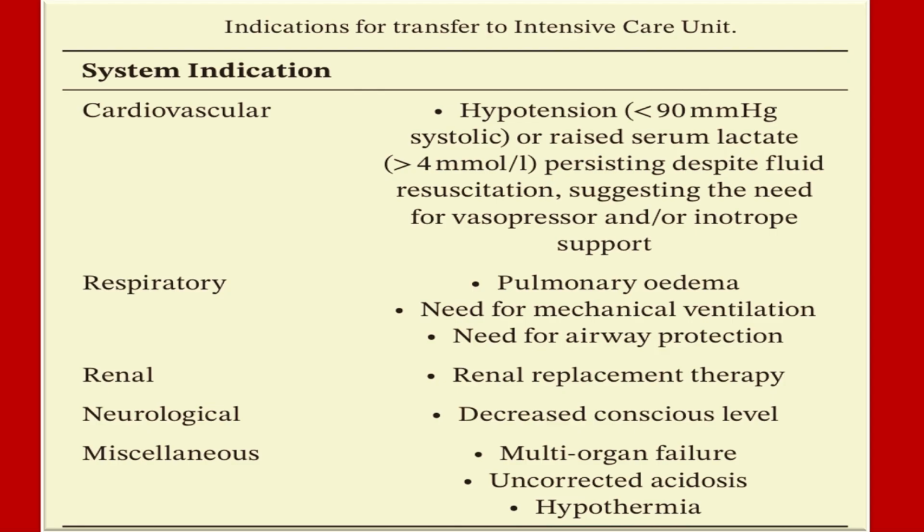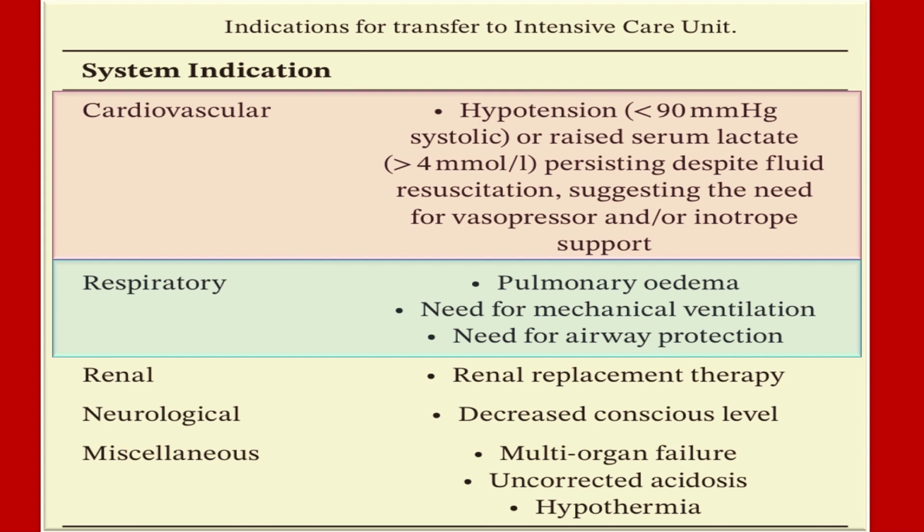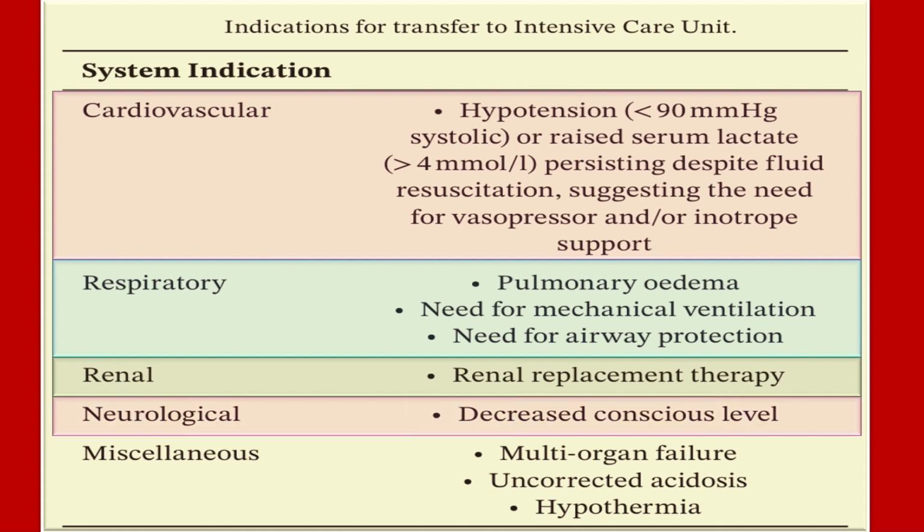Now, what are the indications for transfer to the intensive care unit, which include certain cardiovascular features, which you can see here, respiratory features like pulmonary edema and others, renal features, and neurological features like decreased conscious level, and miscellaneous features, which you can see in this table.